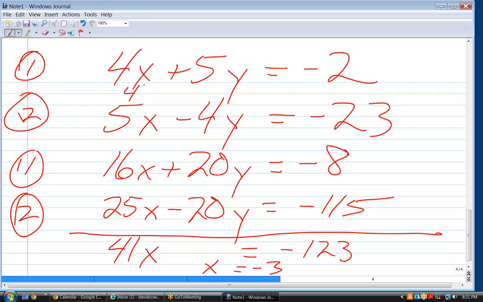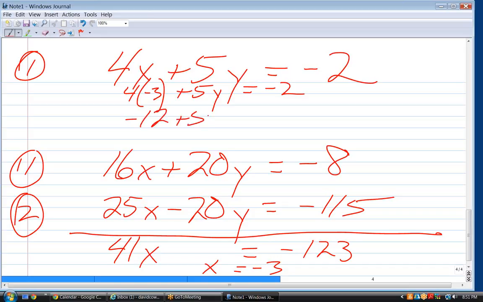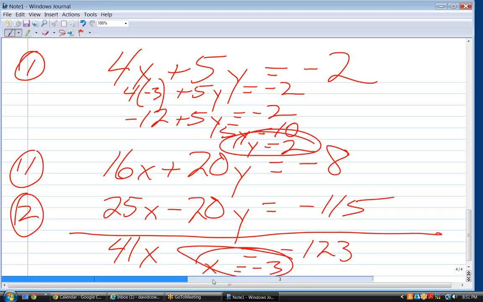So 4 times minus 3 plus 5y equals minus 2, which is minus 12 plus 5y equals minus 2, which is 5y equals 10, which means y equals 2. There's your single solution. X equals minus 3, y equals 2.